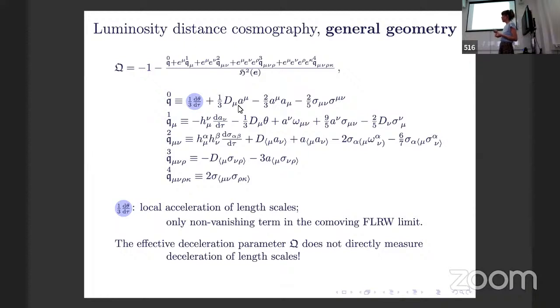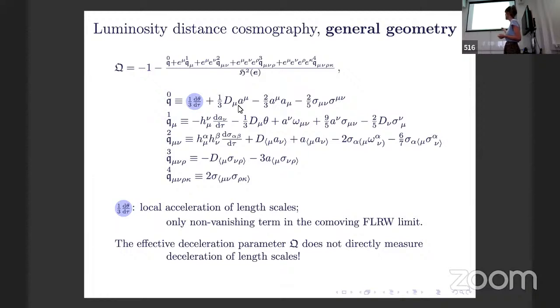Because the sign of the deceleration parameter as it enters in the luminosity distance cosmography is exactly what leads us to conclude things about the acceleration of space and dark energy sources and so on from, for instance, supernova analysis. So this is important to keep in mind when we analyze data in a model-independent spirit.